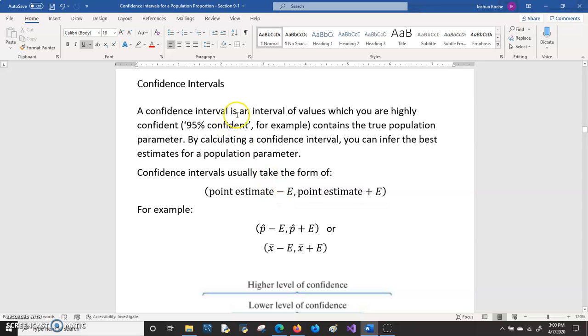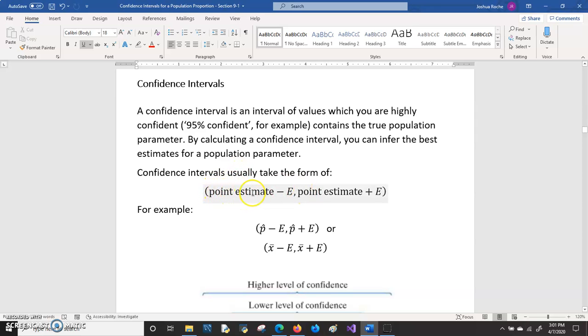A confidence interval is an interval of values which you are highly confident, for example 95% confident, contains the true population parameter. By calculating a confidence interval, you can infer the best estimates for a population parameter. So they usually take this form.